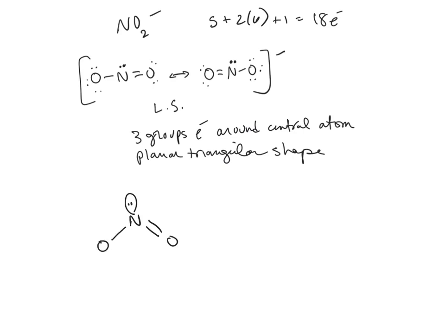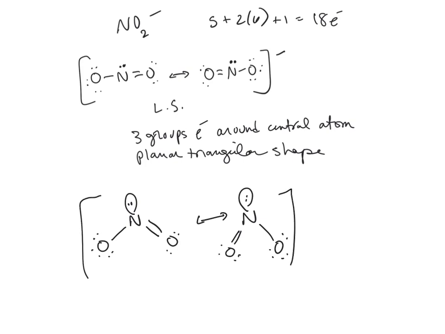This is supposed to be around 120 degrees. All right, and that is the VSEPR shape.